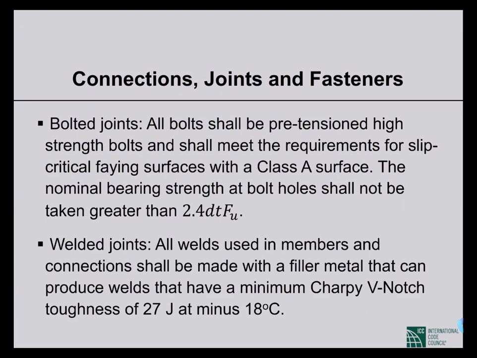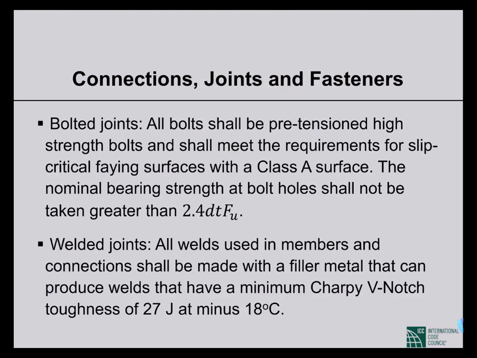So now we talk a little bit about different seismic provisions. These provisions are applicable for any kind of frames, OMF, IMF, SMF. So, like bolted joints, all bolts shall be pre-tensioned high strength bolts and shall meet the requirements for slip critical faying surfaces with a class A surface.